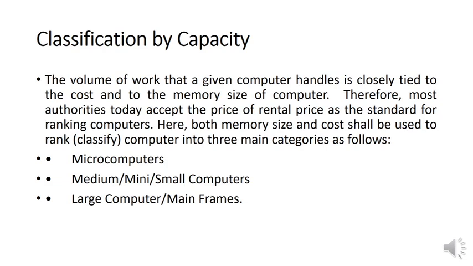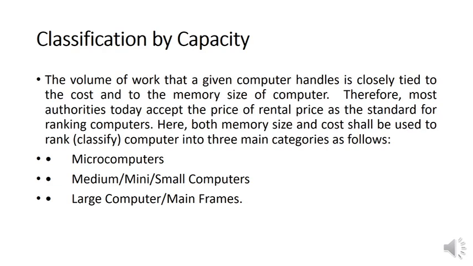They are the cheapest, smallest, and can operate under normal office conditions. Examples are IBM, Apple, Compaq, HP, Dell, Toshiba. What are the different types of personal computer available? Yes, we have laptop, notebook, palm top, and desktop. Those are the ones that are there.